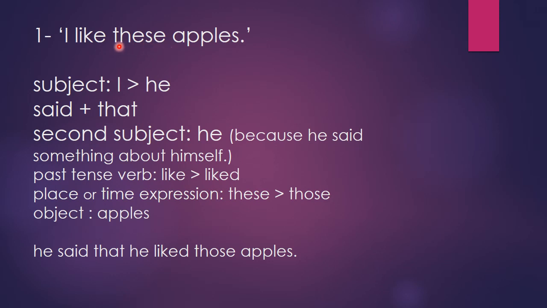The rest of the sentence has these in it. So these is what? A place expression. In case you have a place or time expression, these becomes those. Then the object, apples, stays as it is. So, he said that he liked those apples.